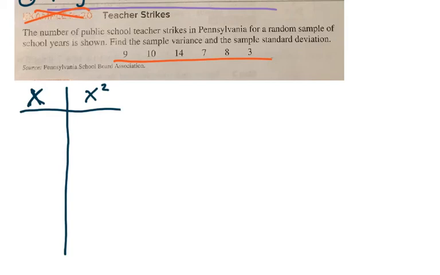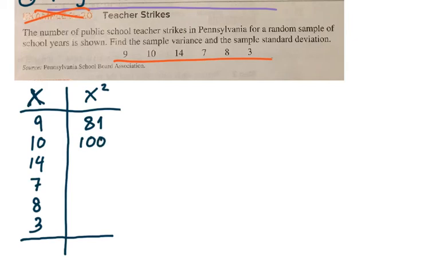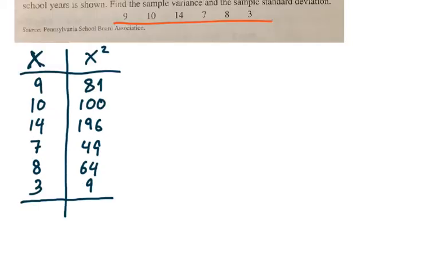The first thing to do is copy down all of the x data. Then go into the next column and fill in these values by looking at the previous column and squaring it. All right, so there are those perfect squares filled in.